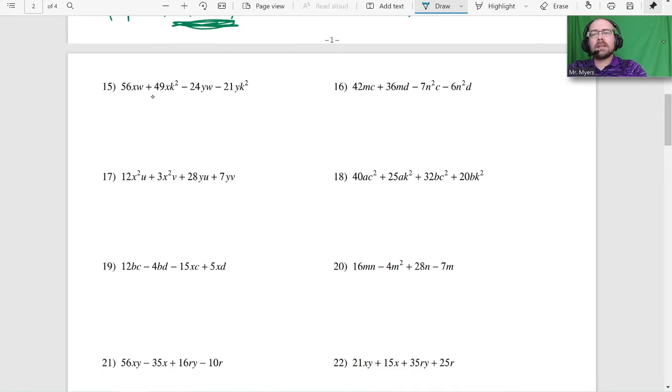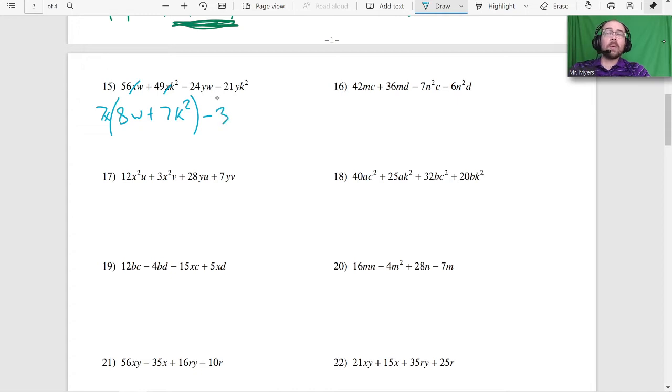So 56 and 49. 7. Oh, and an x. 7x. 56 divided by 7 is 8. X's would cancel. So I just have w. 7, because 49 divided by 7. X's cancel. K squared. All right, minus looks like 3.